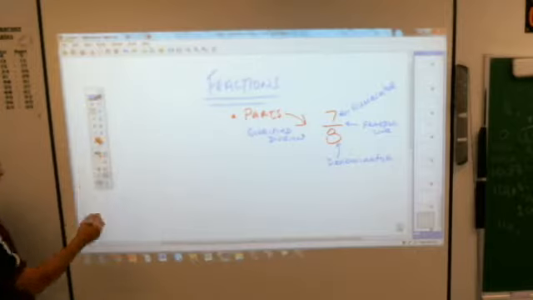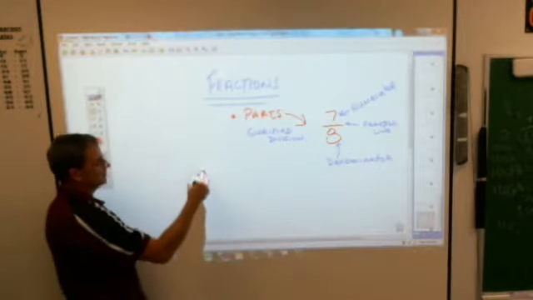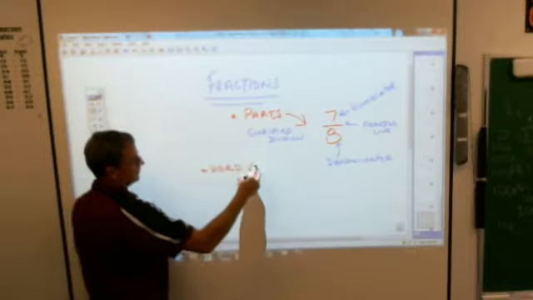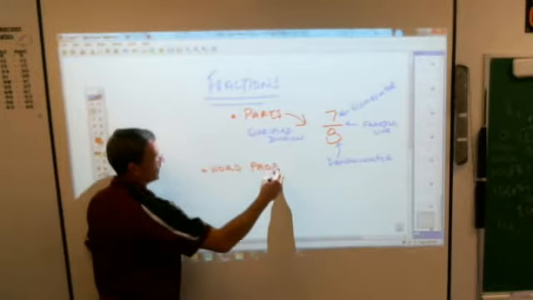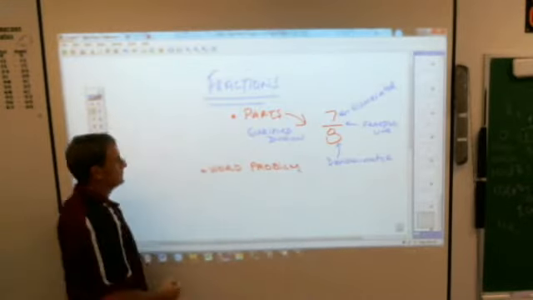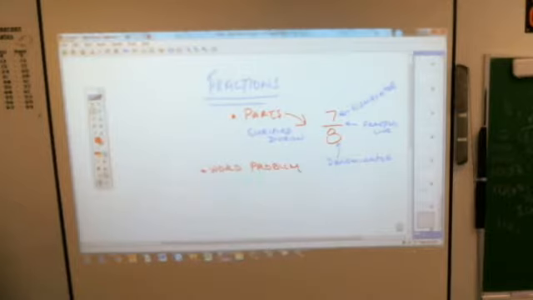Now, with that, the little subheading number 2 is, what about word problems? If you have a fraction word problem, somebody tell me what I'm going to say next. Oh, please, you know me better than that. For fraction word problems, you are going to, Olivia?